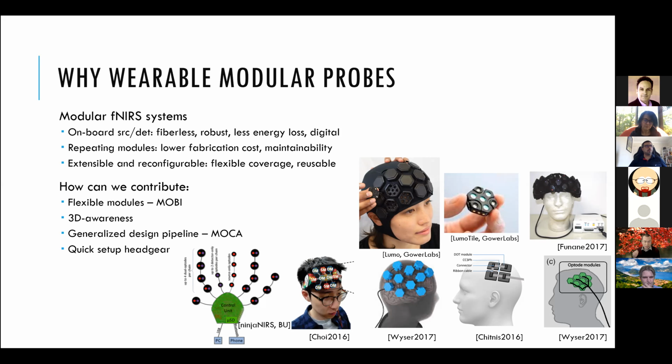The other is that if we can automatically obtain the 3D position of the optodes, then we can perform a lot of the data analysis and visualization without needing digitization, and shorten the setup time. We also found there's a lack of a general design pipeline for exploring this modular fNIRS system, so there's a need for a software platform.